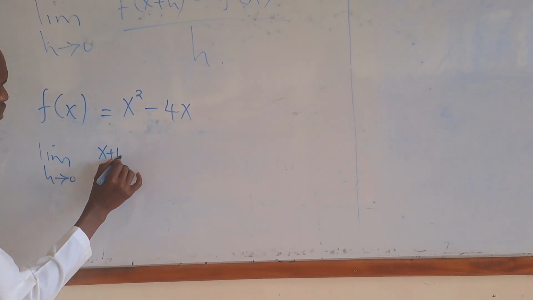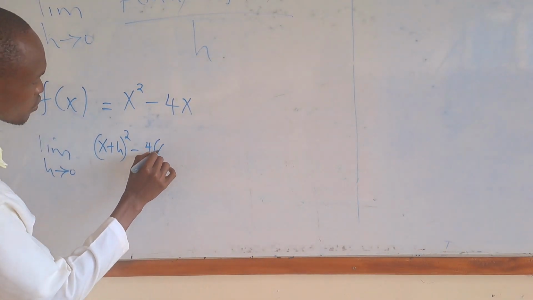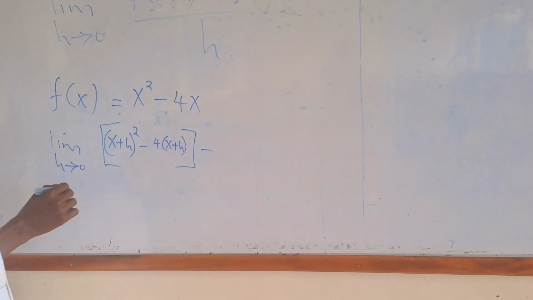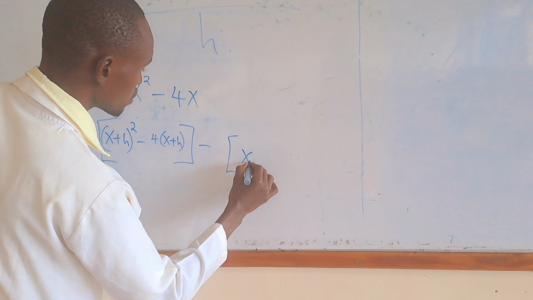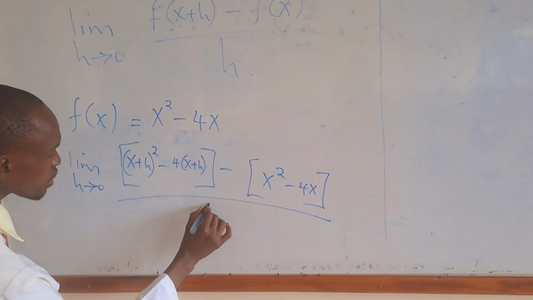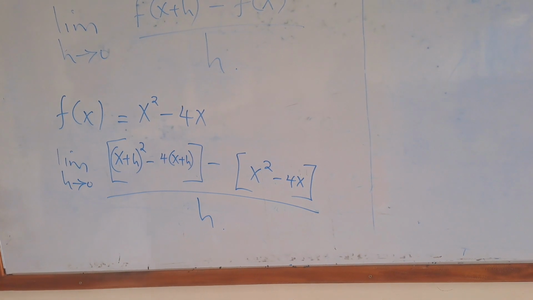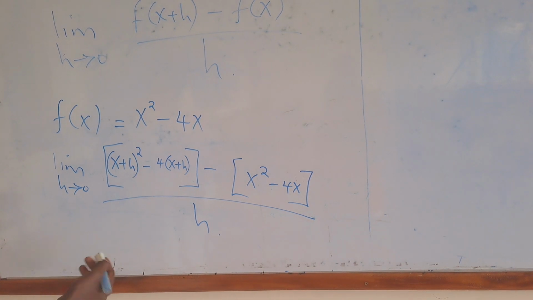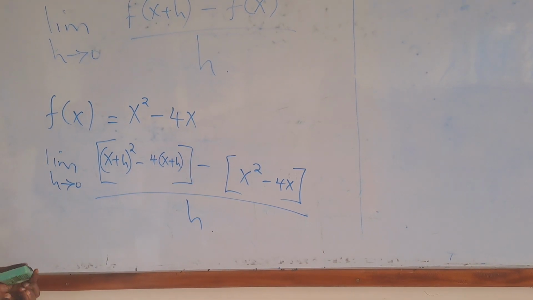x plus h squared minus 4 into x plus h, minus our function where it is, that is x squared minus 4x, but everything divided by h. Now, after having done this, I want us to open this bracket, this alone first, so that we see.